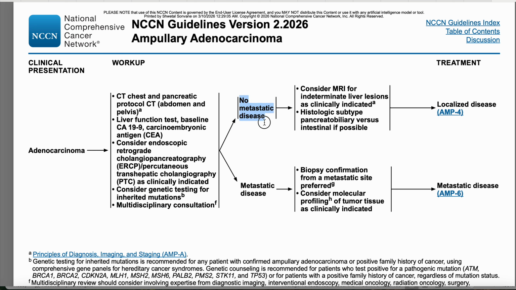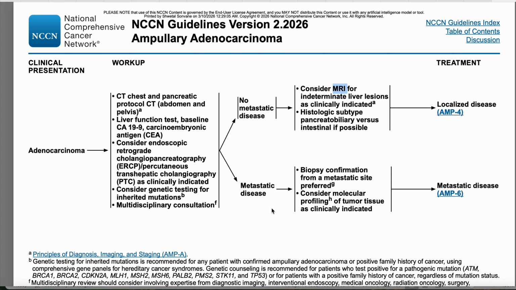If there is no metastatic disease, consider MRI for indeterminate liver lesions as clinically indicated, and histologic subtype, pancreaticobiliary versus intestinal. So two things we have to see: MRI to rule out liver mets, and histological subtype whether it is pancreaticobiliary or intestinal type.